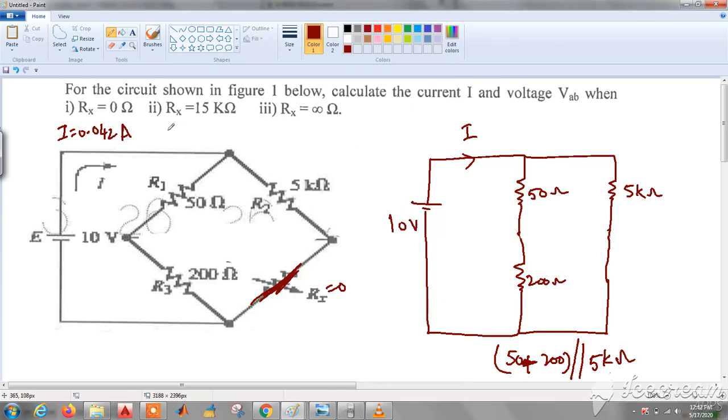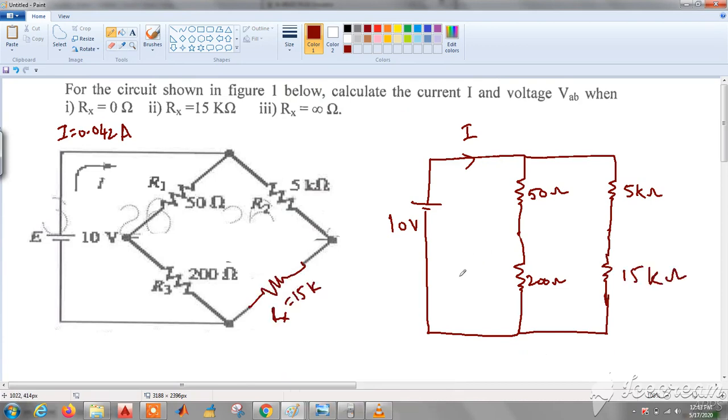Now coming to the second case, when Rx is equal to 15 kilo ohms. When Rx is equal to 15 kilo ohms, we can directly convert these four resistances into one equivalent resistance by series parallel transformation. That is, 50 and 200 are connected in series.